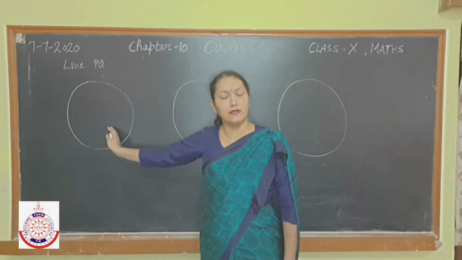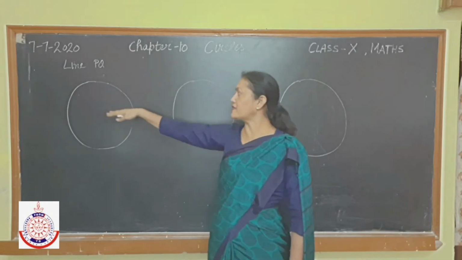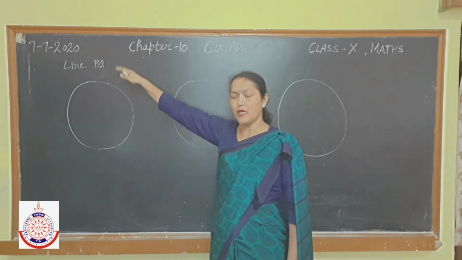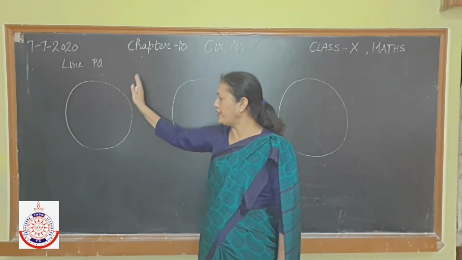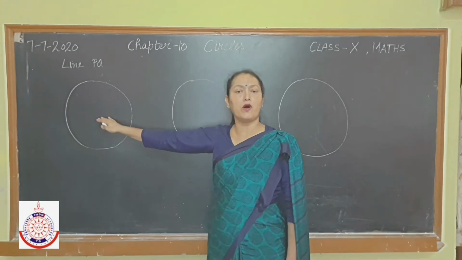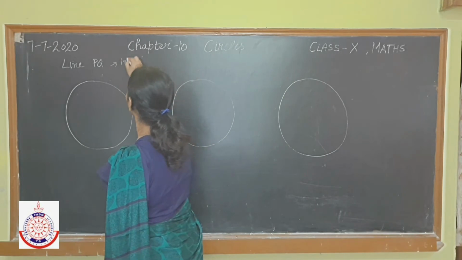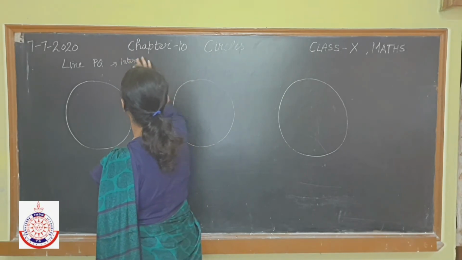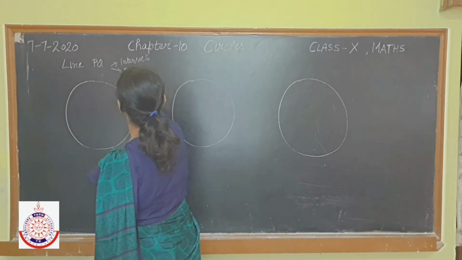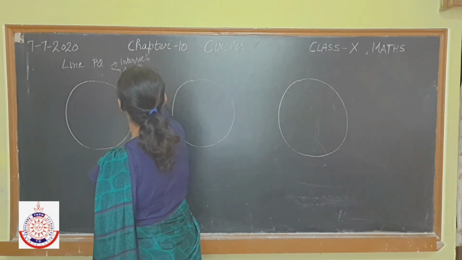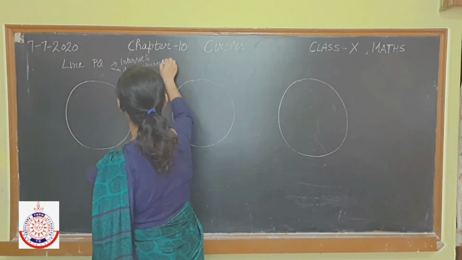If we take a circle and a line, let us name the line as PQ. If we take a circle and a line PQ, two possibilities occur. This line is drawn, it may intersect the circle or it may not intersect the circle. Let us see how.